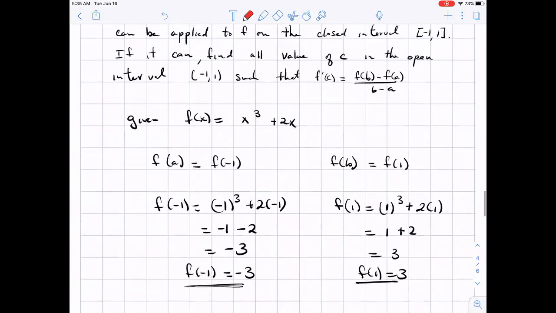Now, if we look at the graph of this, I'm going to take my handy-dandy graphing calculator and graph that function, just to show you what's happening.